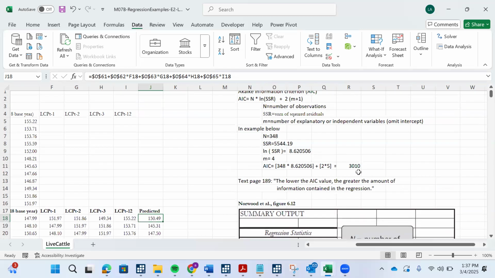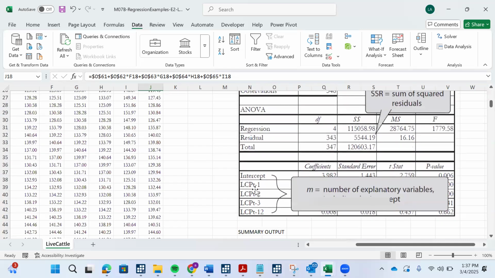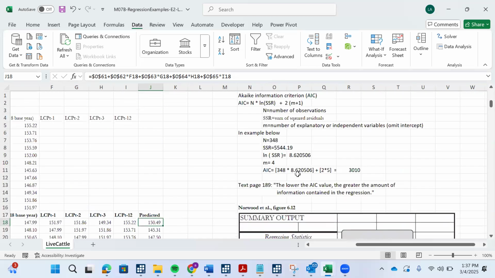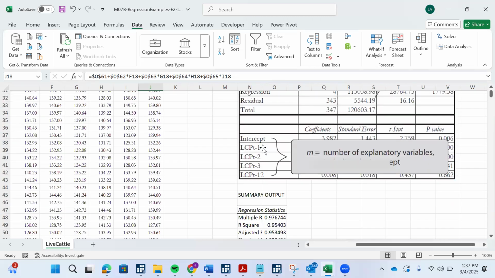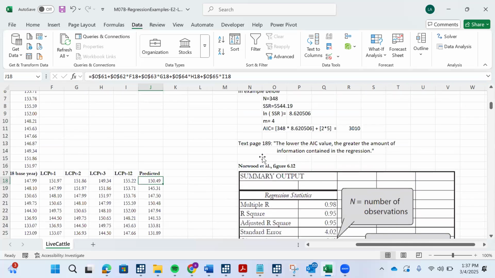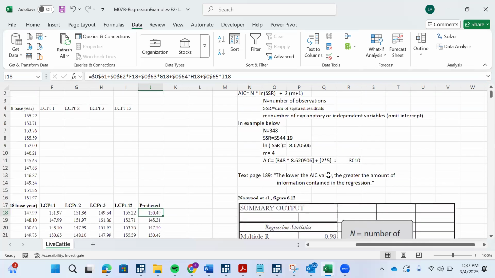For example, this is the AIC with 4 lags, 1, 2, 3, and 12 months. And we could compare the AIC to a model with, say, only 1 lag or 2 lags. And the textbook tells us the lower this value is, the greater amount of information contained in the regression, or in other words, we want to use the number of lags which has the highest AIC.